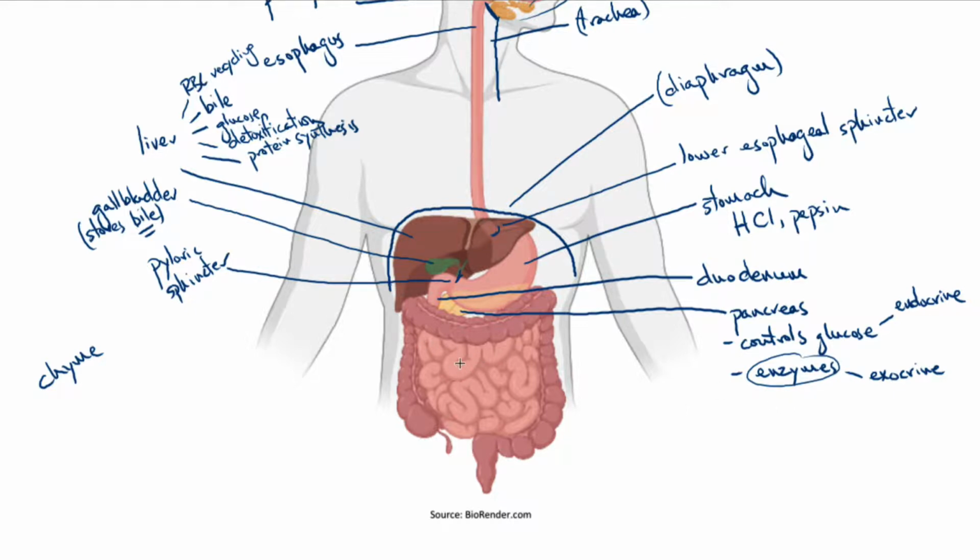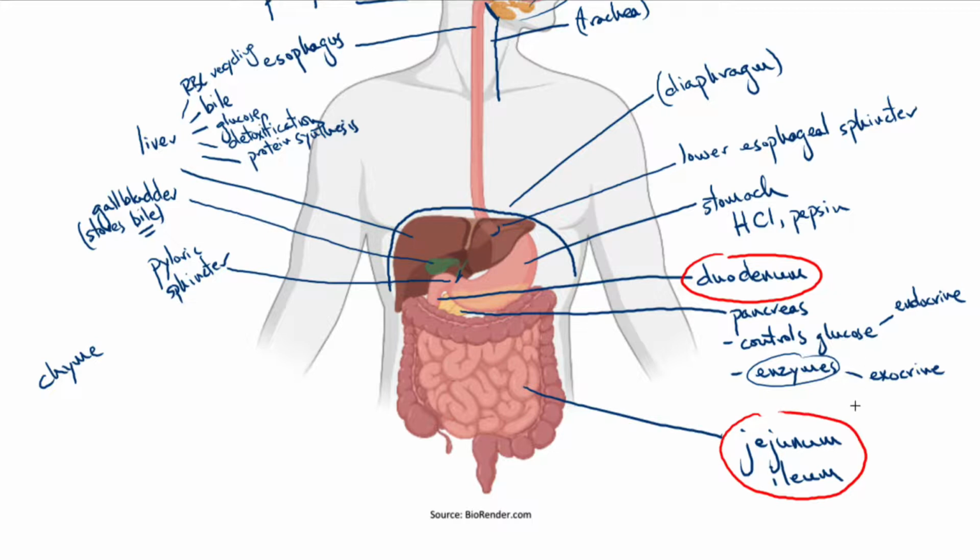Now, most of the absorption happens in the small intestine. The small intestine consists of three parts. We've already seen one part, the duodenum, and then the other two parts in order are the jejunum and the ileum. And there's no really clear starting or stopping point between these, but altogether they make up the small intestine.